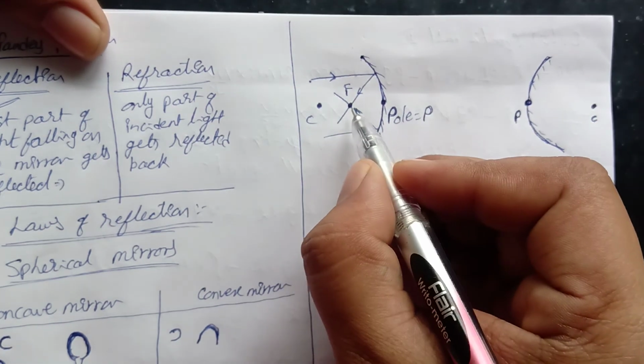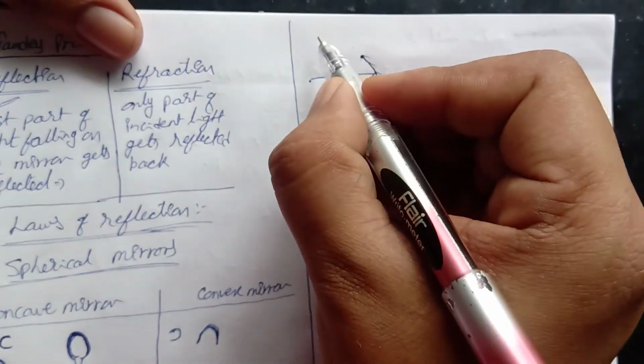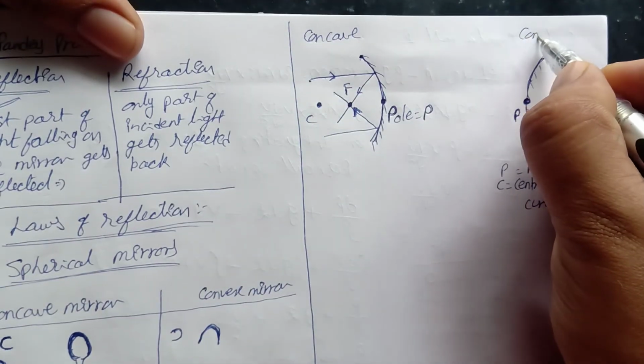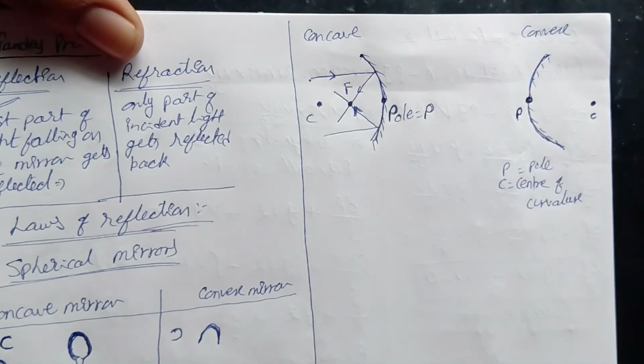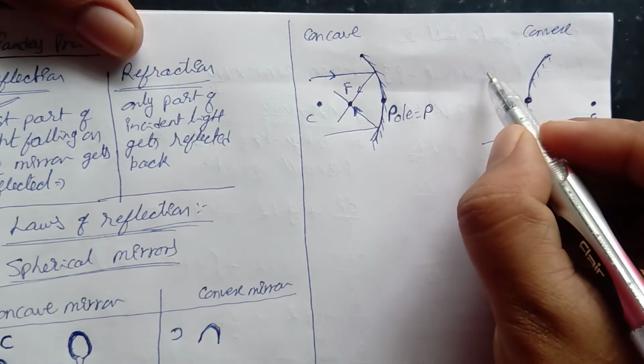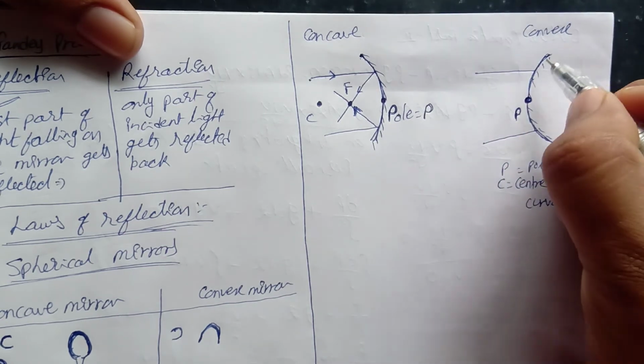So focus in concave and convex. In a concave mirror, the focus F lies in front of the mirror, whereas let us take the example of a convex mirror.